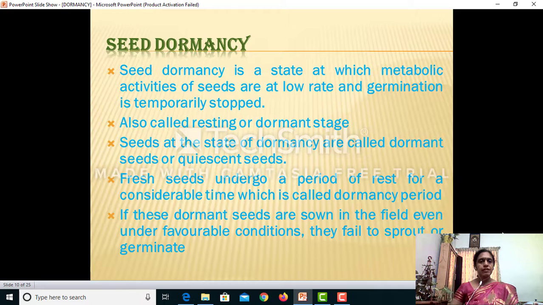Seeds at this state are called dormant seeds or quiescent seeds. Fresh seeds undergo a period of rest for a considerable time, which is called the dormancy period. If these dormant seeds are sown in the field, even under favorable conditions, they fail to sprout or germinate.